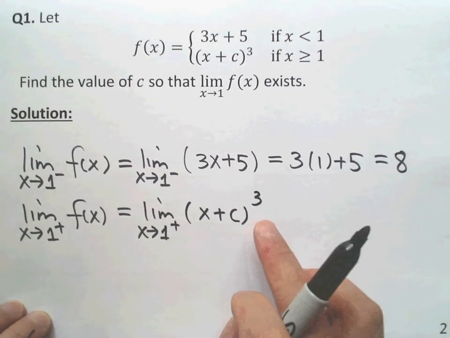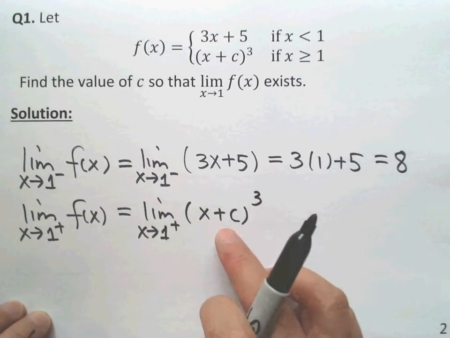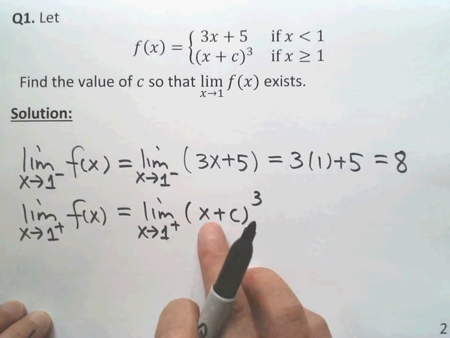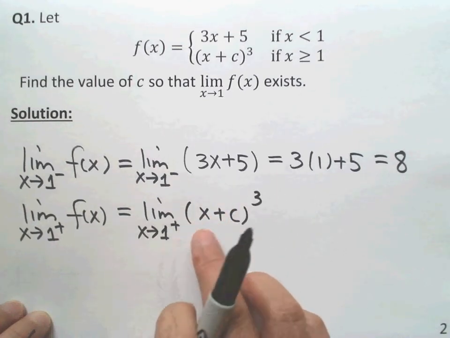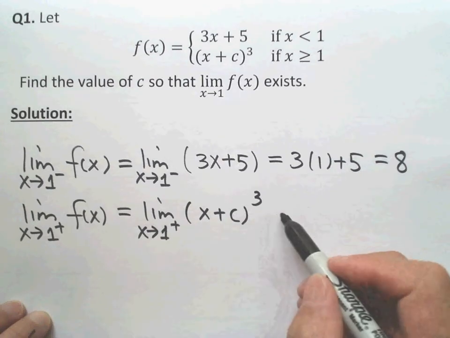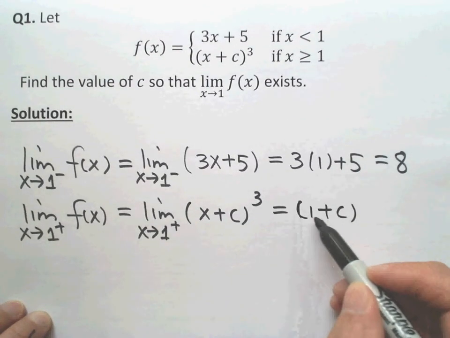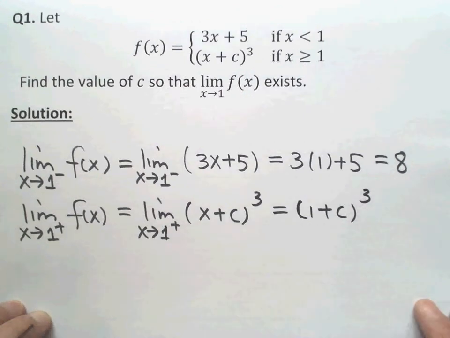Don't worry, we have the power law, so the limit can go down to the base, which is a polynomial. We directly substitute x by 1. So we get (1 plus c) raised to the power of 3.